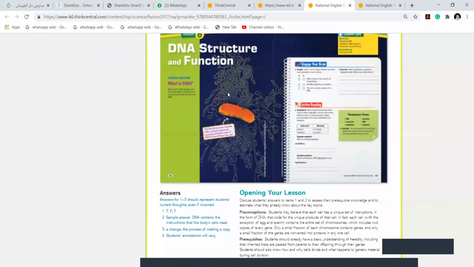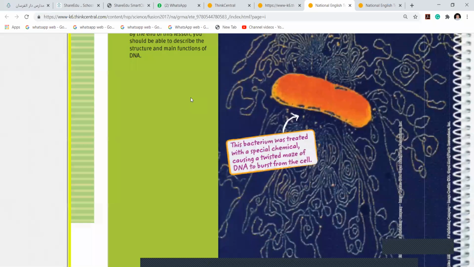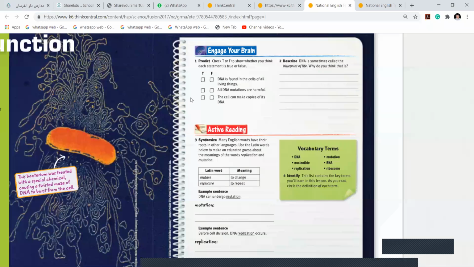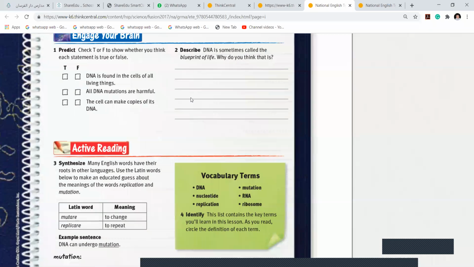Okay. So what is DNA? By the end, we will be able to describe the structure and the main functions of DNA. Okay, now tell me what is DNA, girls?